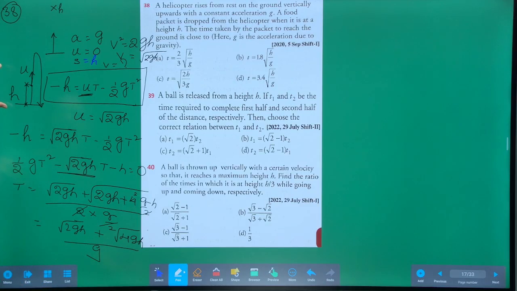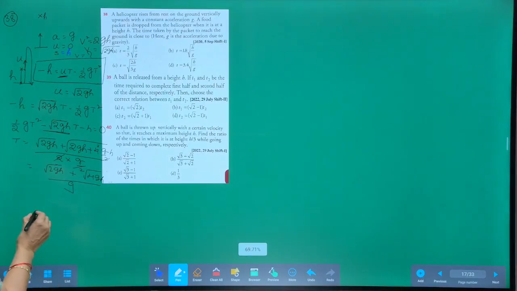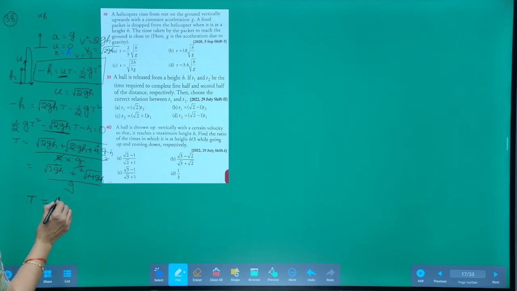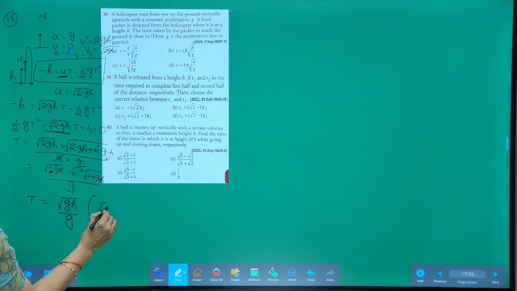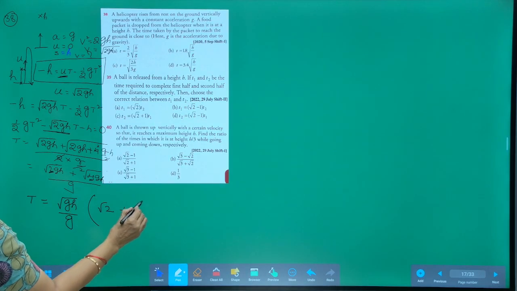So look here. Now t is equal to root gh by g. We are taking that root gh as common here. It is root 2 plus root 4, which is 2.